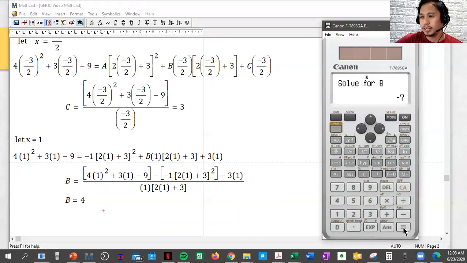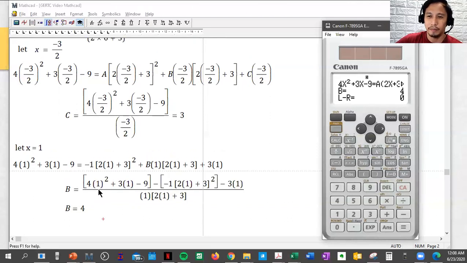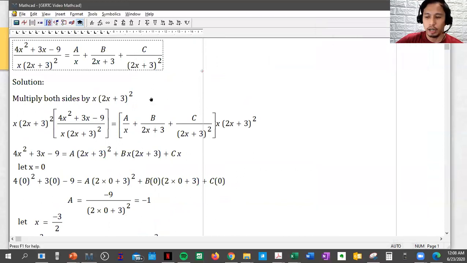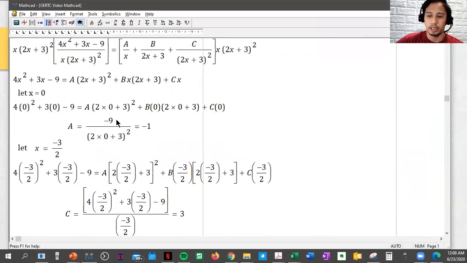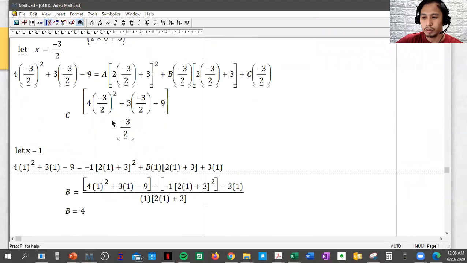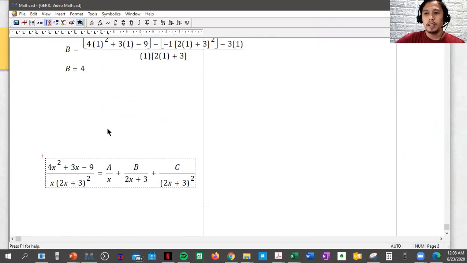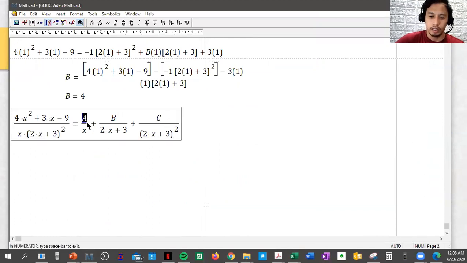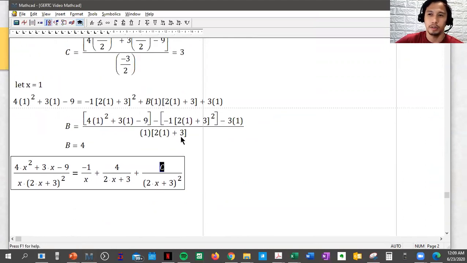So it gives b equal to 4. See? So nakuha na natin. Ibig sabihin nito, if we are to rewrite this into its decomposition, again, a is negative 1, so this is minus 1. B is 4, and c is equal to 3.